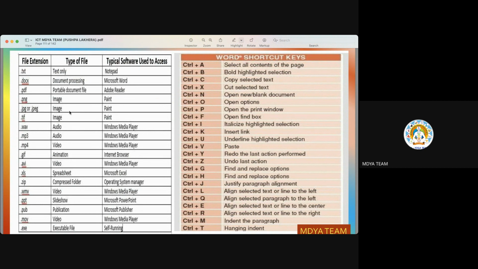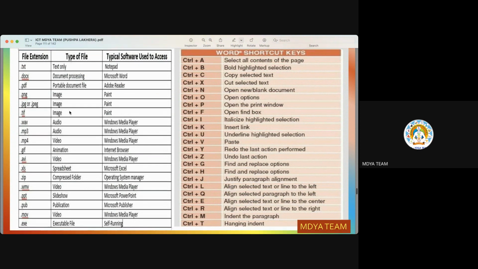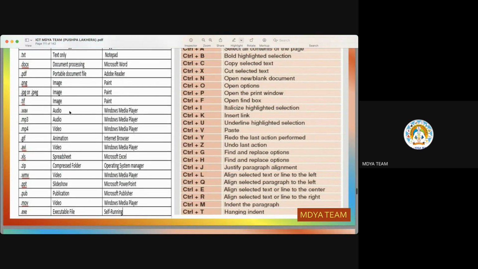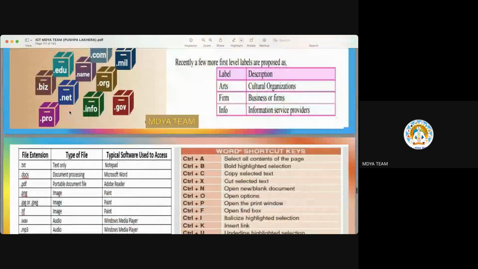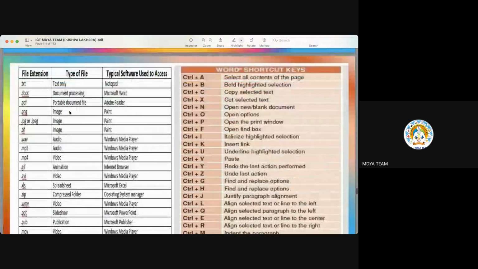For audio, .wav and .mp3. For videos, .mp4 or .avi. For spreadsheets, .xlsx. For slide shows, .ppt. For videos also .mov, which they ask sometimes. For publications, .pub. So these are all types of file extensions.